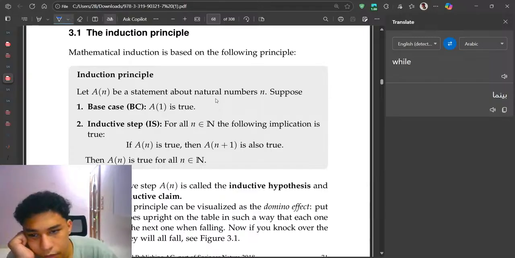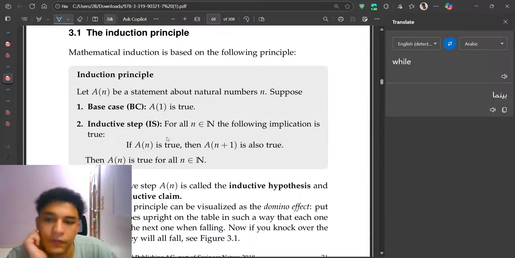Inductive step: for all n that belong to natural numbers, the following implication is true: if A(n) is true, then A(n+1) is also true. Then A(n) is true for all n.